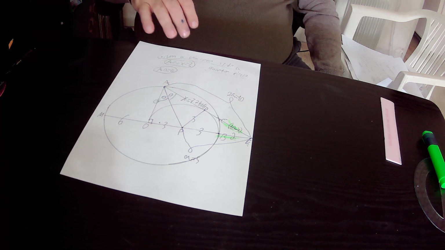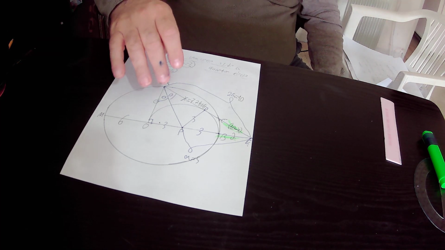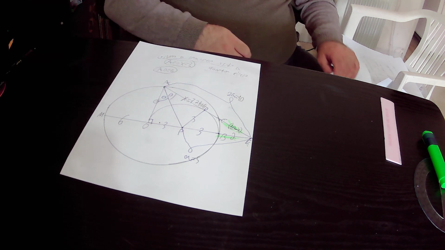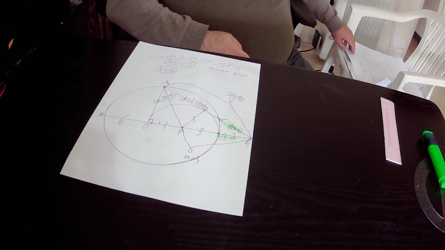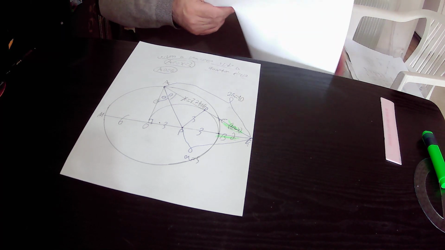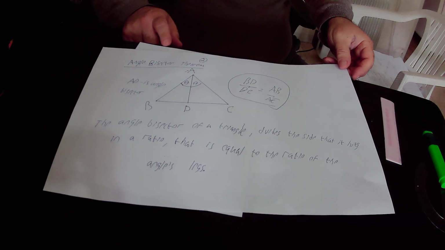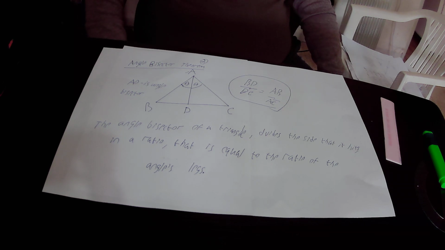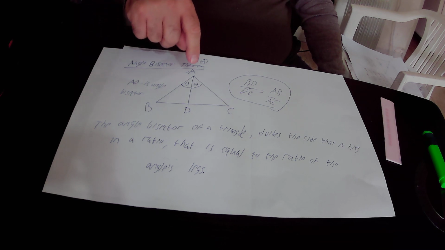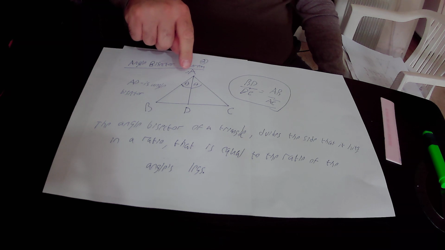Now we can implement the angle bisector theorem on the right triangle AOE. So what is the angle bisector theorem? The angle bisector theorem states that if we have this triangle ABC, that could be any triangle, and line segment AD is the angle bisector of angle BAC, because it divides angle BAC into two halves.